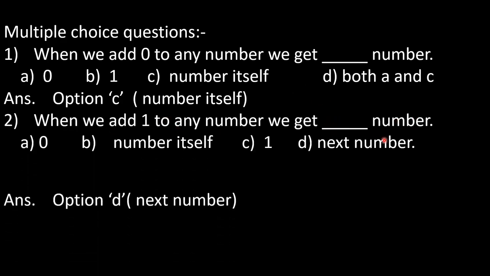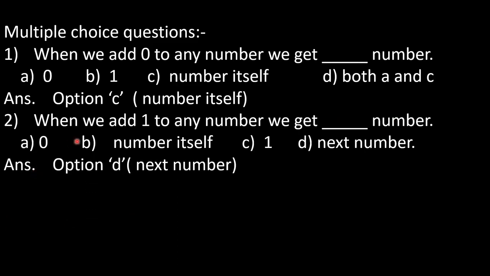So here our options are A 0, B number itself, C 1 and D next number. So here we have to add 1. So when we add 1 to any number like 3 plus 1, so that is equal to 4 and 4 is the next number of 3. So option D, next number is correct.